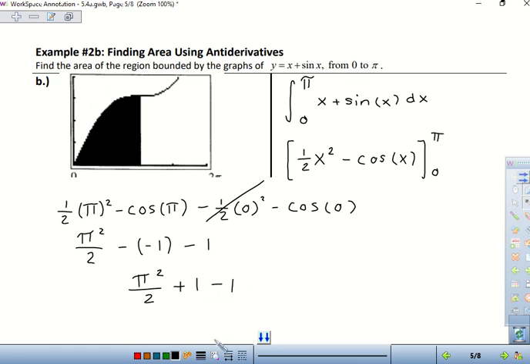So we got 1 minus 1. So it's just pi squared over 2, right? Make sense? Okay. If you still don't know your trig by now, the good news is you have a calculator. I do get concerned sometimes, though, about your guys' trig. I'm not going to lie.